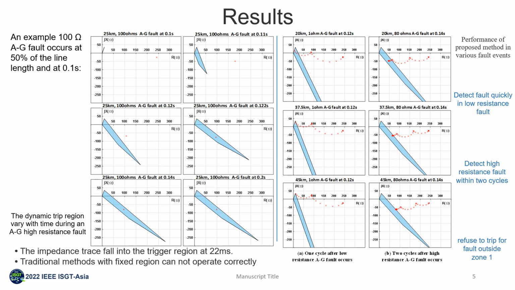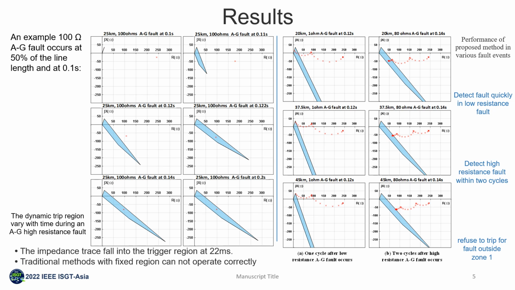The corresponding apparent impedance enters the dynamic trip region 22 milliseconds after the fault occurs, and stays in the trip region since then. We can notice that the impedance after reaching steady state still has an imaginary part that far exceeds the line impedance, which means a traditional method with a fixed region, such as a circle or quadrilateral region with 5 degrees downward sloping, cannot detect the fault in the protection range.